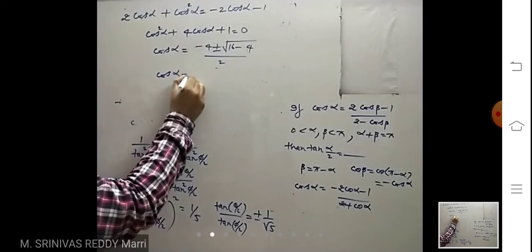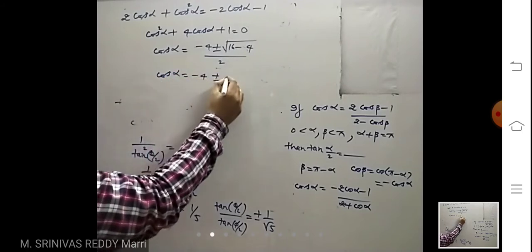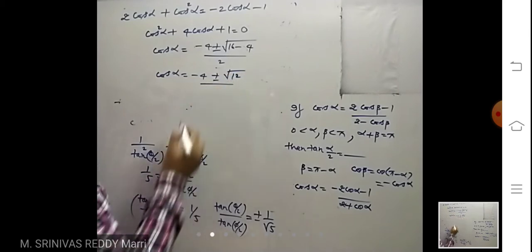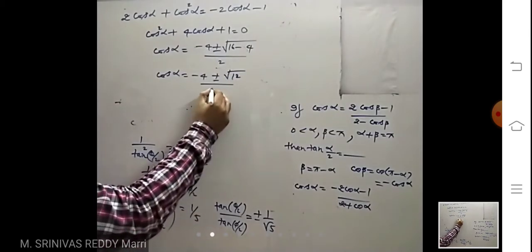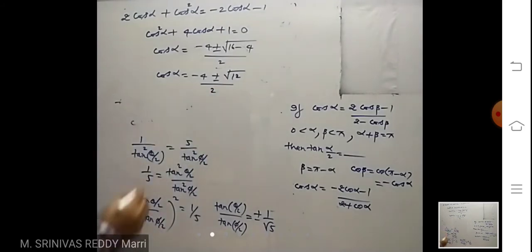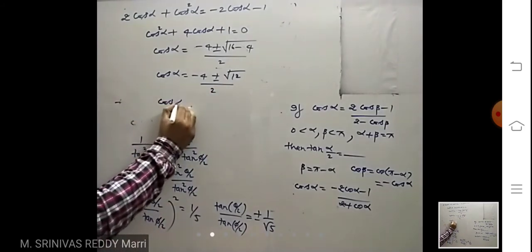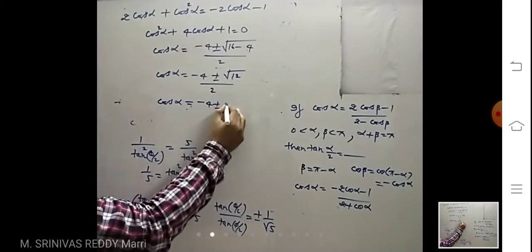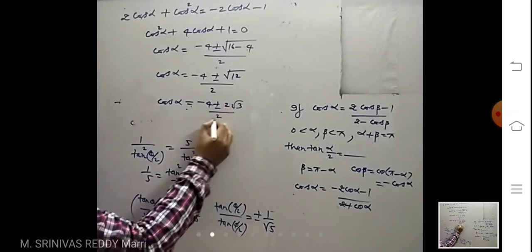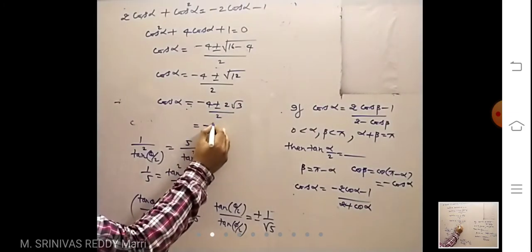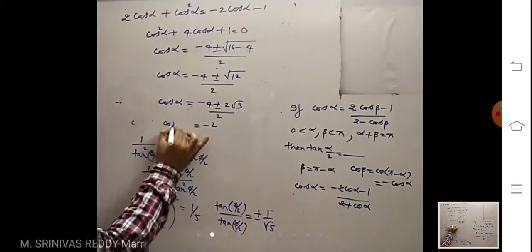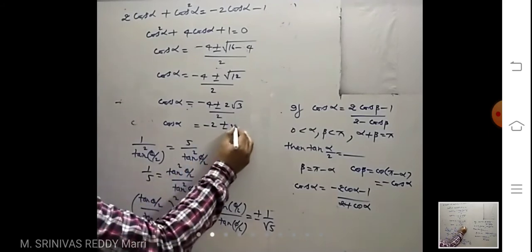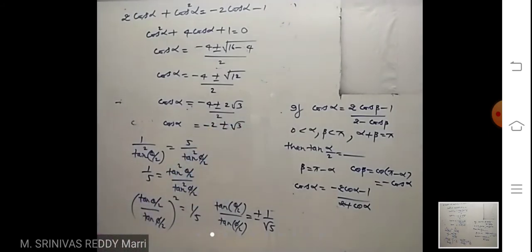So cos alpha is minus 4 plus or minus root 12 divided by 2. That means plus or minus root of 4 into 3, that is 2 root 3, divided by 2. So the 2 cancels, and cos alpha equals minus 2 plus or minus root 3.